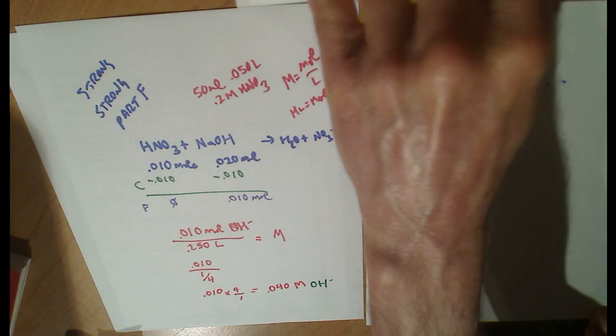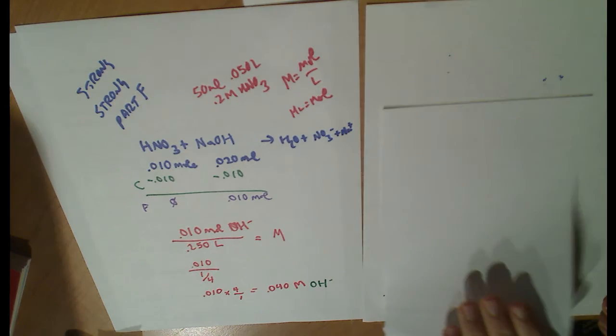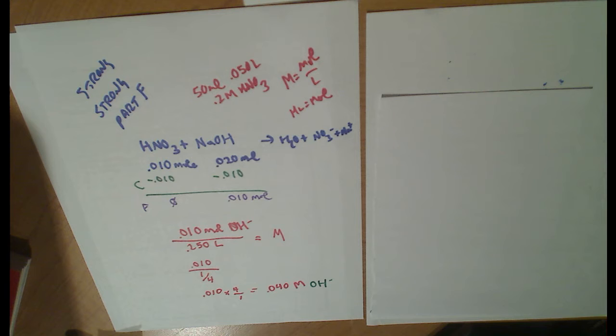Now finally, that's molar hydroxide. So finally, we've got 2 steps. We can use this number to find the pOH, and then from there you find the pH, or you could use this to find the concentration of H's, and from that find the pH.